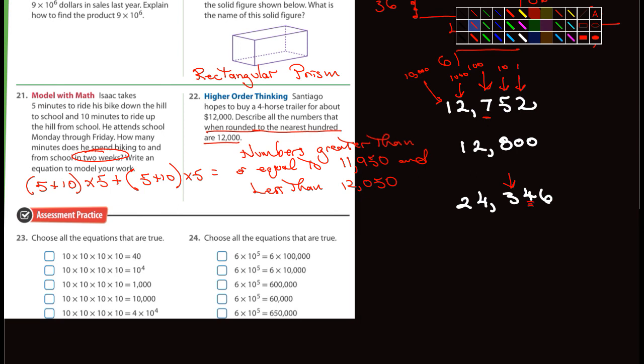Is the 4 a 5 or larger? The answer is no. So if I'm going to round to the nearest hundredths, I would write 24,300. I wouldn't change it to 24,400 because that 4 is not a 5 or larger. And we'll do more on that later, but my guess is that you guys didn't remember much about rounding.